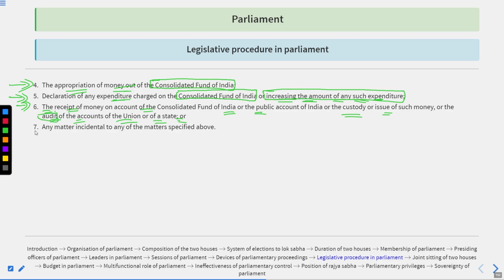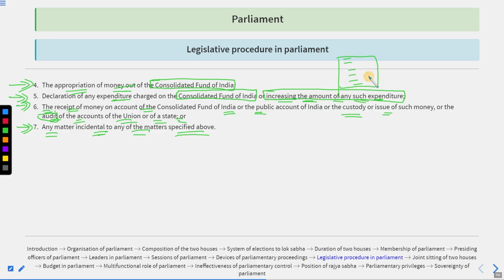These all would be present in the money bill. Thereafter, any matter which is incidental to any of the matters that are specified above. It means that it doesn't matter whether these matters are directly reflected in the bill. Suppose we have these seven points.